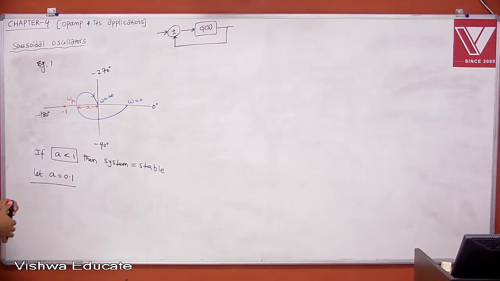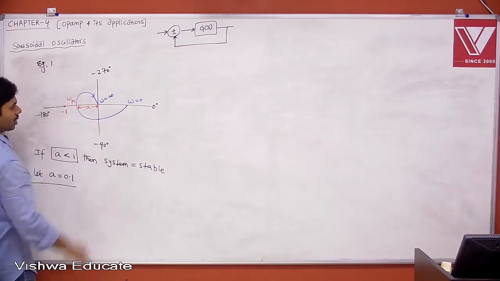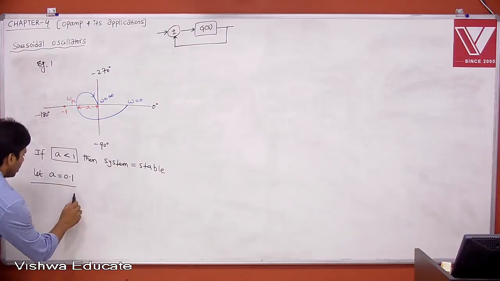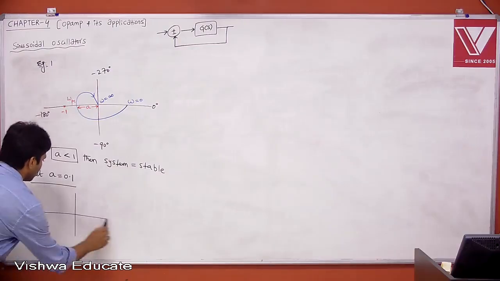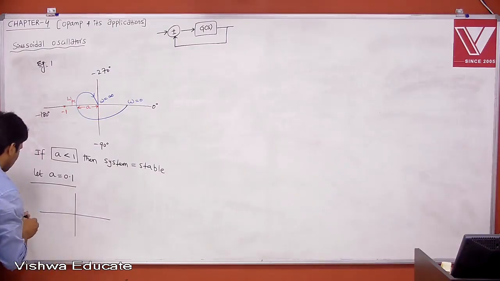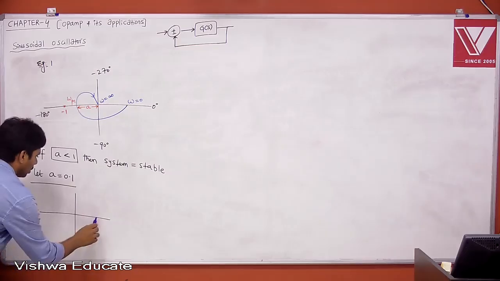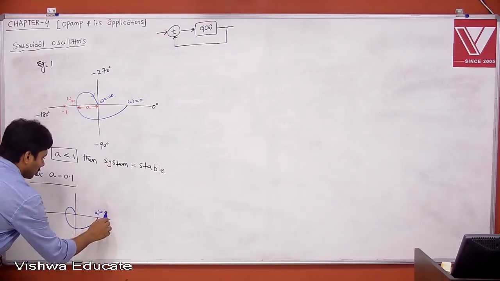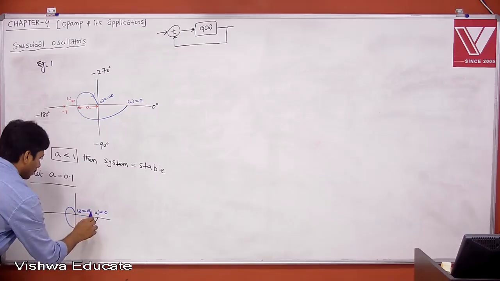When I say A is equal to 0.1, what do you mean by 0.1? Again, if I plot the polar plot, with A equal to 0.1, this is omega equal to 0 and omega equal to infinity.